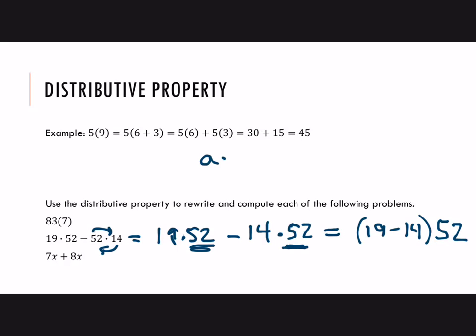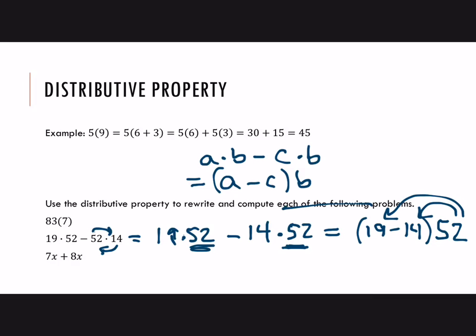We had A times B minus C times B, and then we're rewriting that as (A minus C) times B. Okay, and you can check if you go backwards, think about distributing the 52, and then you would see that you end up with this expression over here. Okay, and then that gives 19 minus 14 is 5. 5 times 52. All right, and perhaps that's a little bit easier to do in your head.